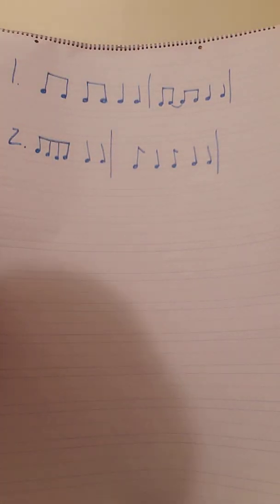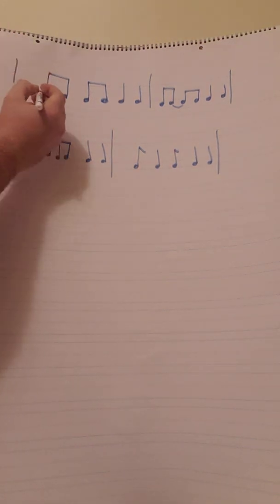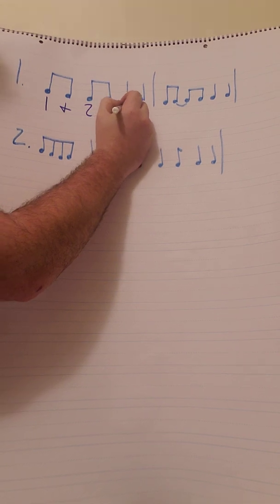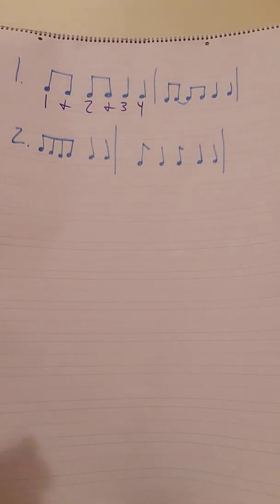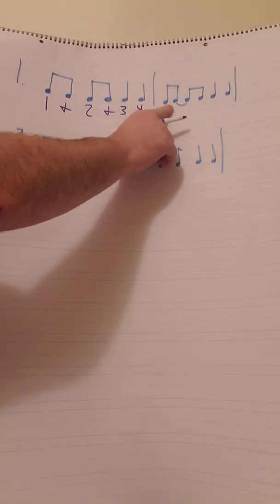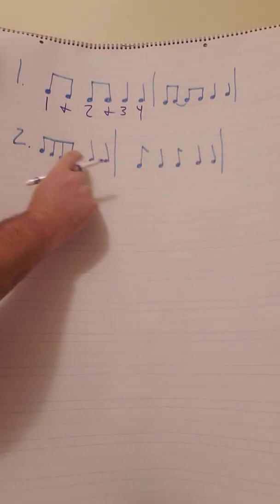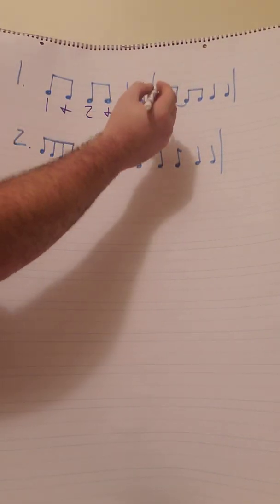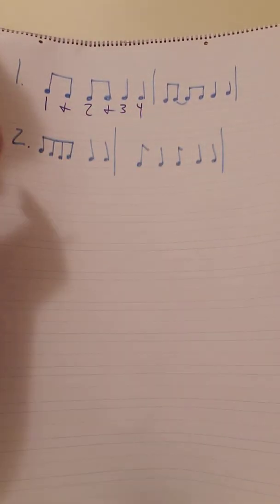All right, so we know how to count the first measure. Big 1, big and, big 2, big and, 3, 4. Now, if we were to count the second measure, we would count it 1 and 2 and 3, 4, like this measure, but we wouldn't say 2. 2 would be silent.